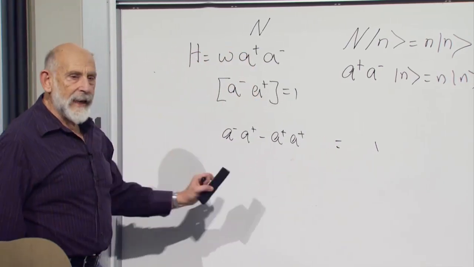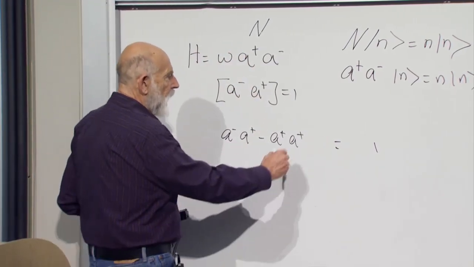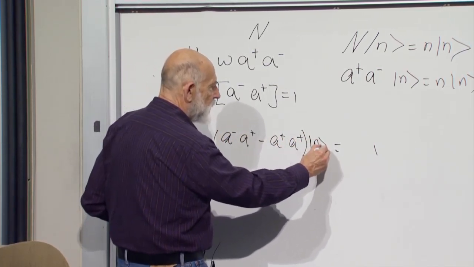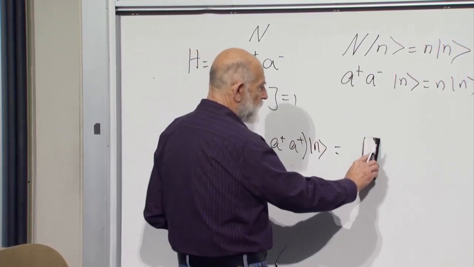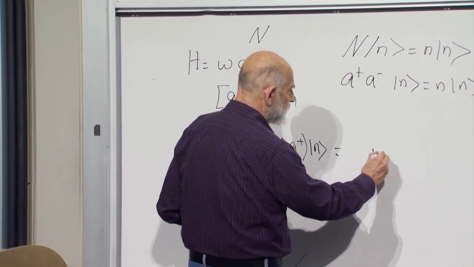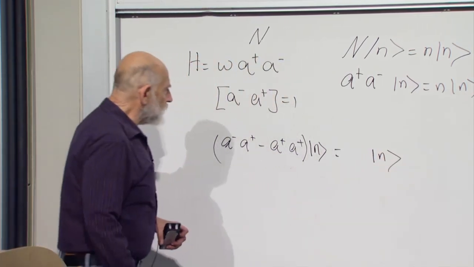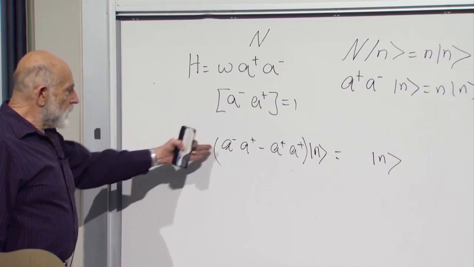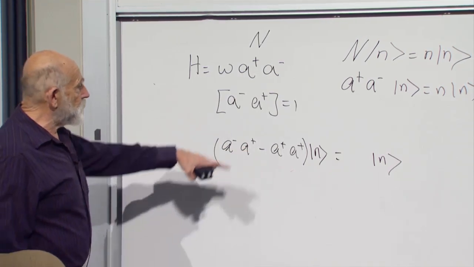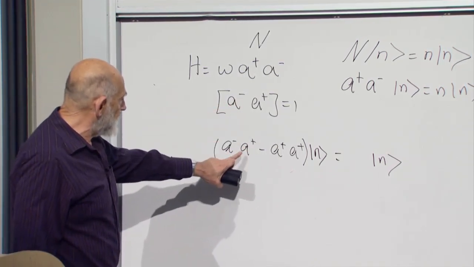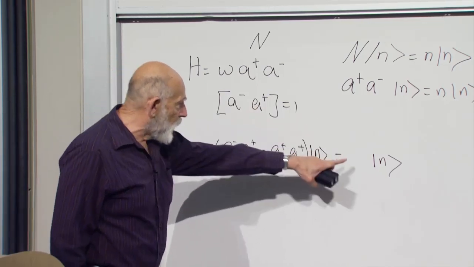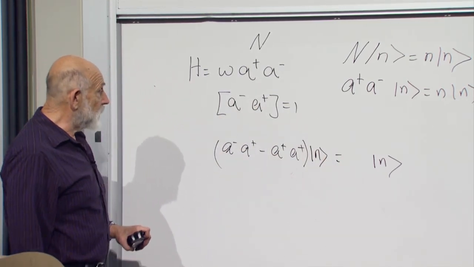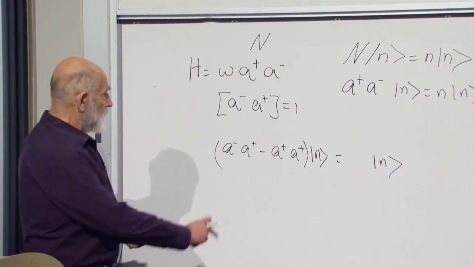But let's take this operator, this equation, and operate on the state n and see what we get. All right. You agree with this equation? It's just a commutation relation, a minus a plus minus a plus a minus equals 1. Right, thank you.